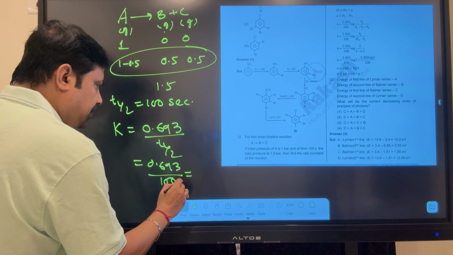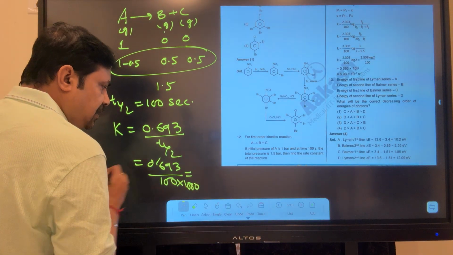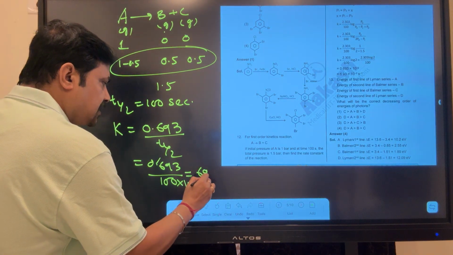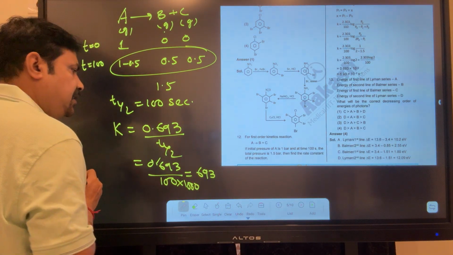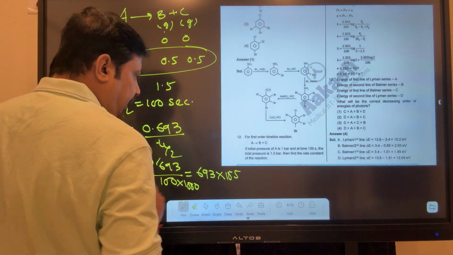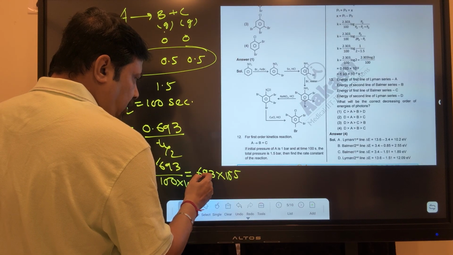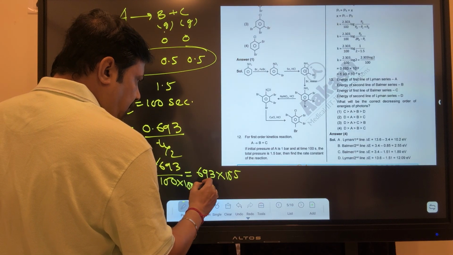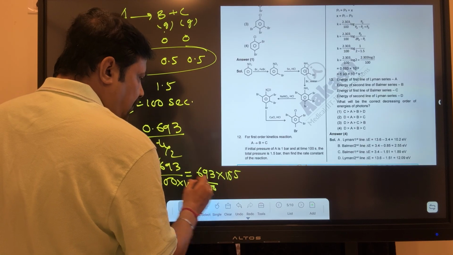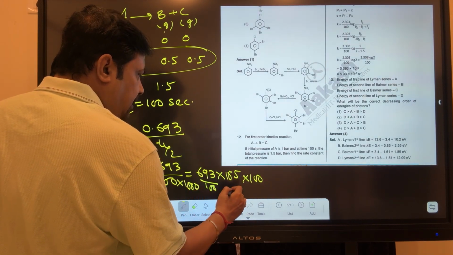Which is nothing but 693 into 10 to the power of minus 5. Now if I multiply by 100 here and divide by 100 there, then what will I get? 6.93.